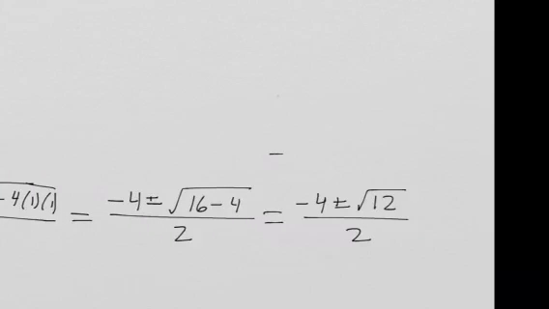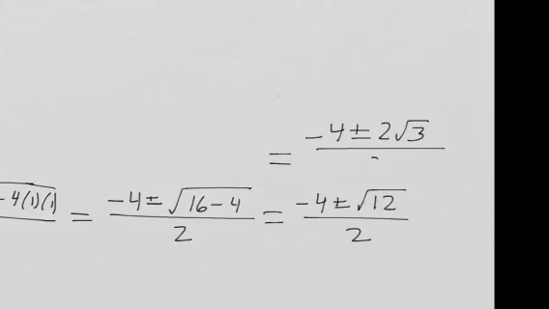And I am running out of space to write here, so I'm going to work up. So -4 plus or minus 2 square root of 3 over 2. A 2 factors out of that numerator, and I'm left with -2 plus or minus the square root of 3. I'm going to rewrite that.